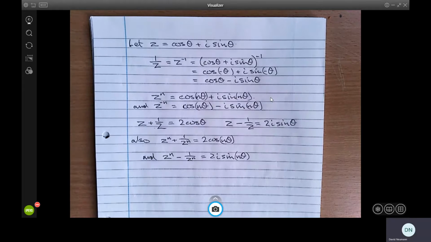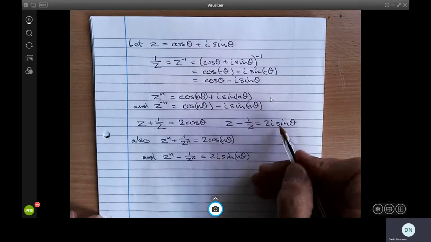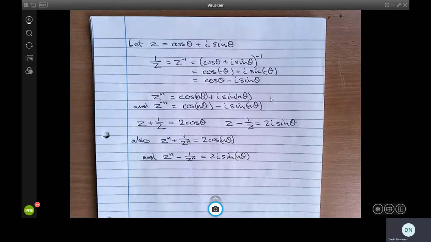One thing that I find I'm a bit prone to is forgetting to write the i in here or here. So watch out for that. Obviously, it's very important to get that correct.